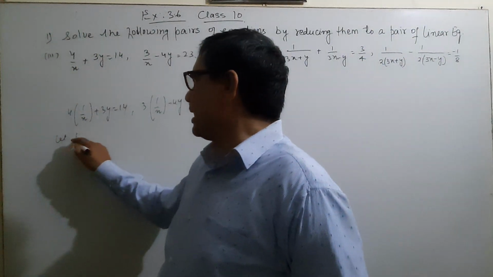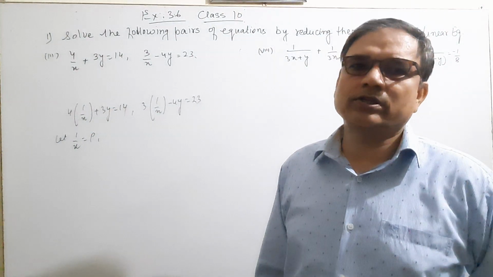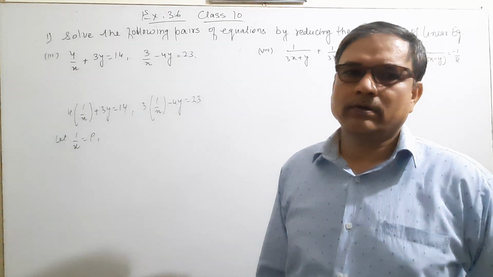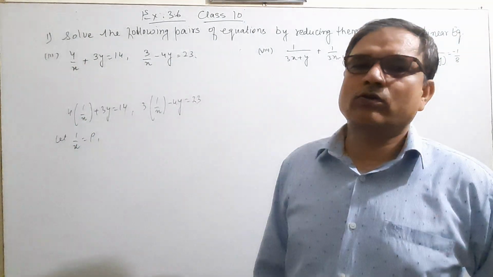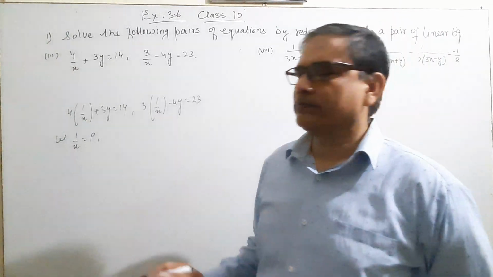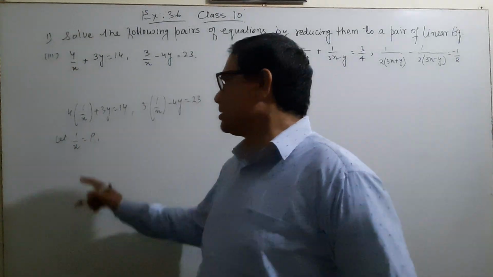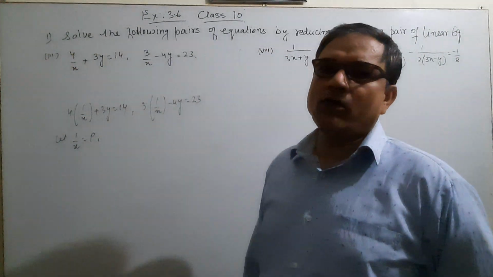Let 1 by x be equal to p, and y need not be let, because it is already in the form of a positive power. If you want to let, then y is equal to q. Otherwise it is not compulsory to let y.